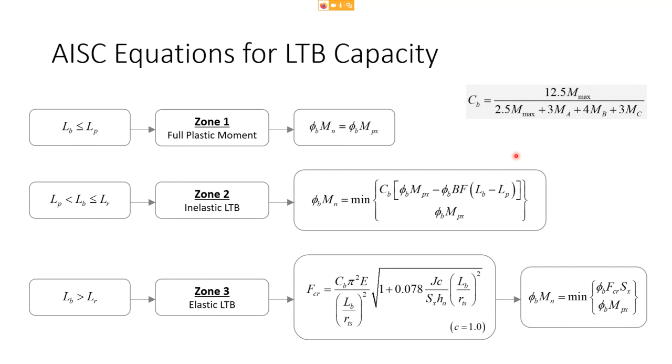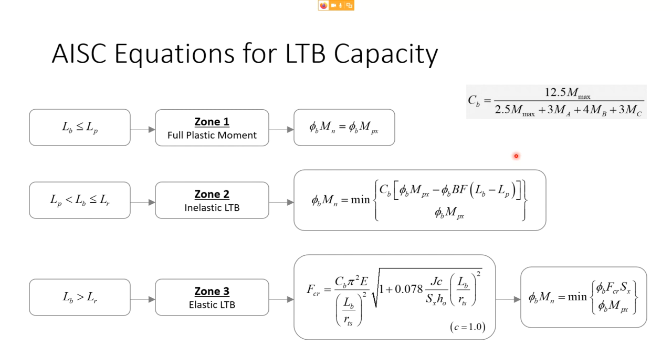If we're between LP and LR, we're in zone 2 and we have a linear interpolated function. In zone 3, we have our elastic LTB and we use the solution we derived. Remember, for zone 2 and zone 3, the equations always say it's the minimum of whatever you compute and MP, because MP is your maximum. You cannot be larger than MP, so you always cut your capacity off at MP.